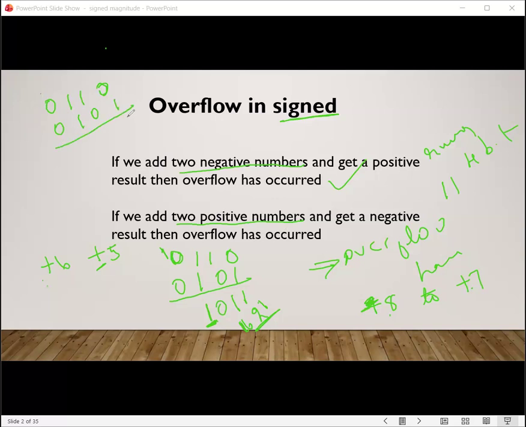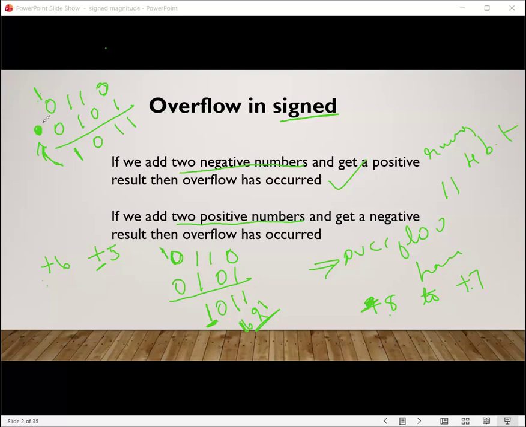When we add these numbers, 1, 1, 10, there's a carry here. What is the carry here? 1, right? And 1 plus 0 is 1, so we don't have a carry; we'll consider this as 0. So carry in is 1 and carry out is 0.